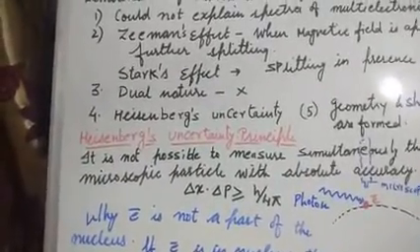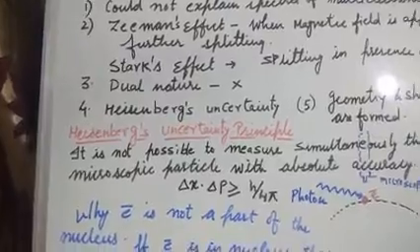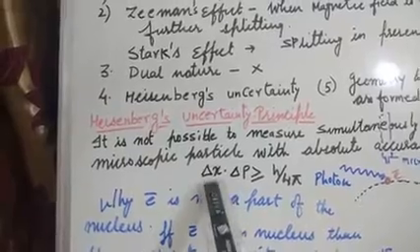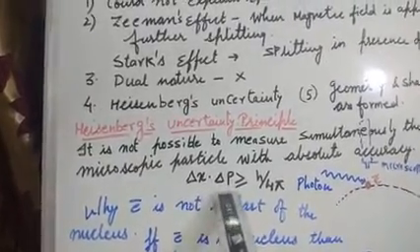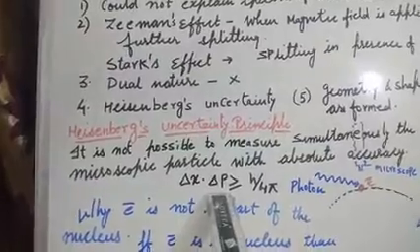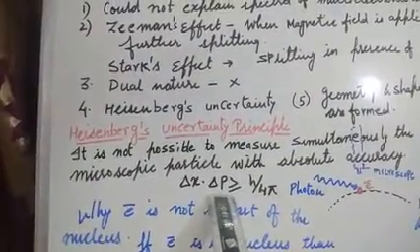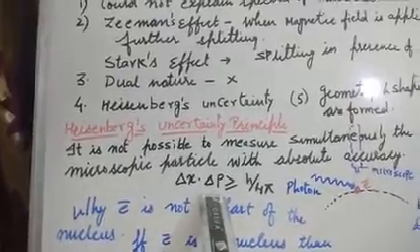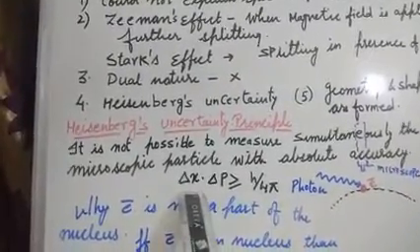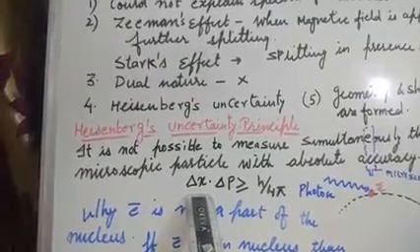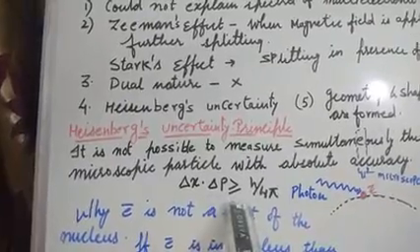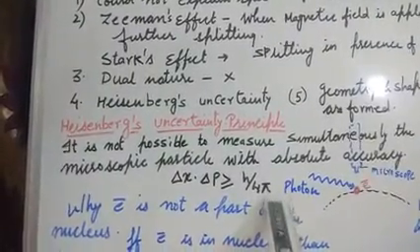Heisenberg gave a formula also: del x into del p is greater than or equal to h upon 4 pi. Here del x is the uncertainty in position and del p is the uncertainty in momentum. Momentum, you know, is mass into velocity. So this product of position and momentum uncertainties is greater than or equal to h upon 4 pi.